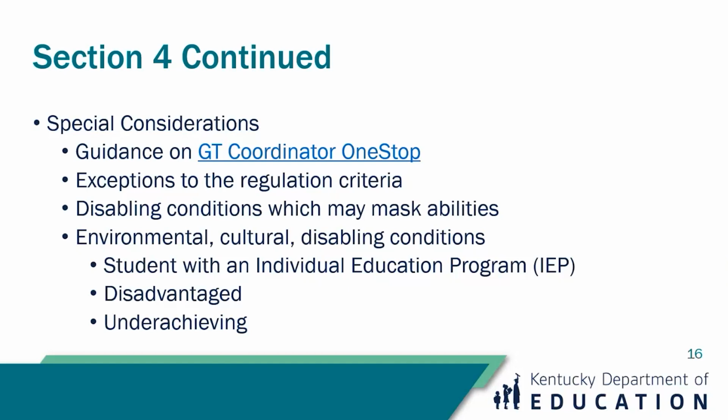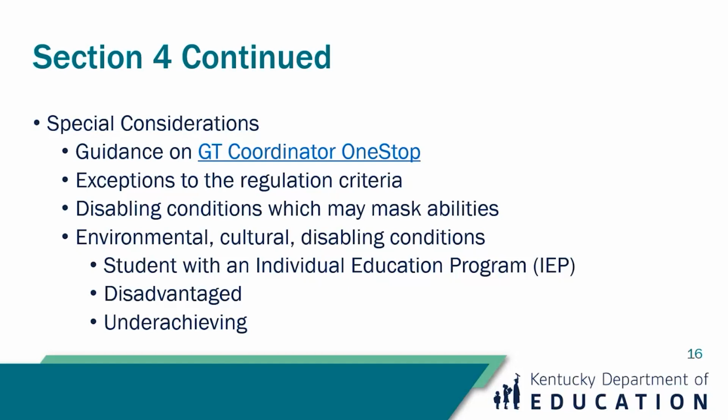And just a note there that when you have a student, maybe they're an English language student, and because of their different culture, or because they're learning English, but they're still very bright, you would select disadvantaged there, because the definition in the regulation for disadvantaged talks about students who may have a cultural consideration that we need to be thinking about.